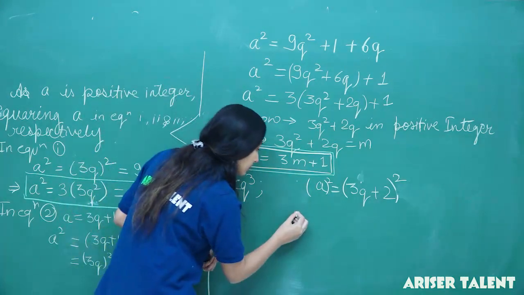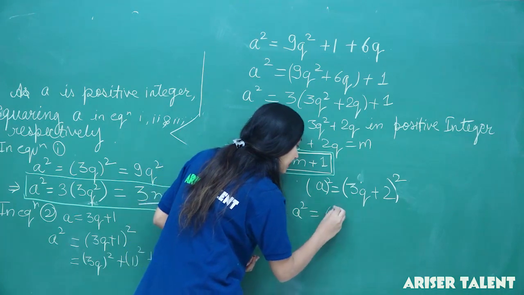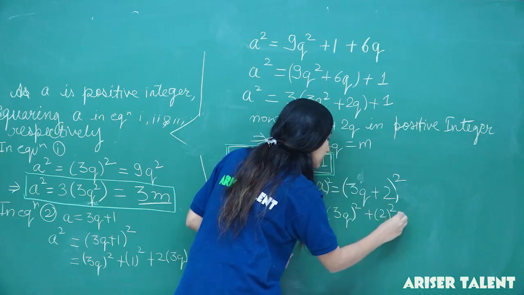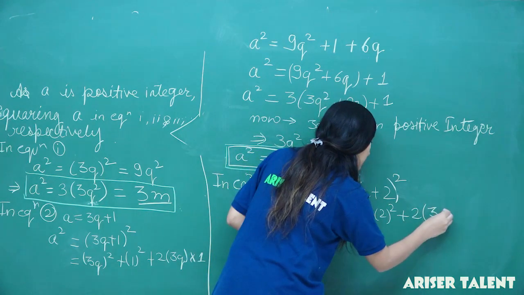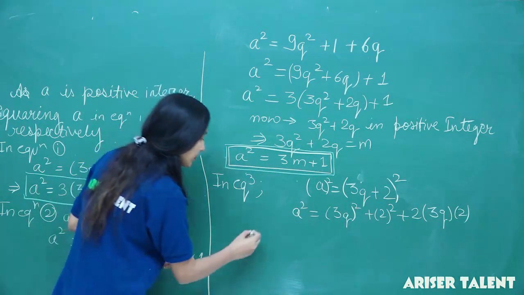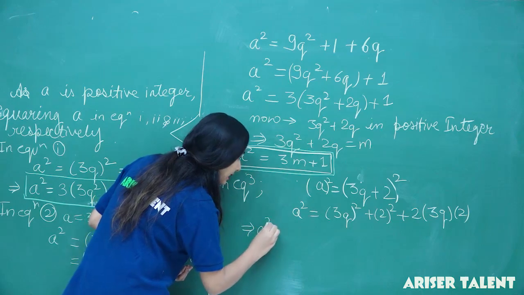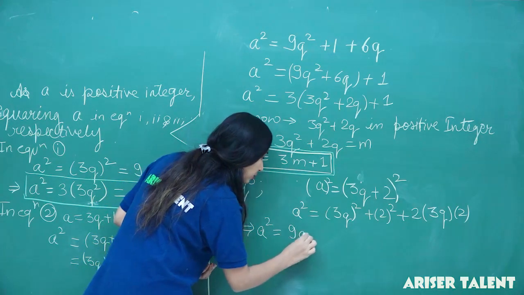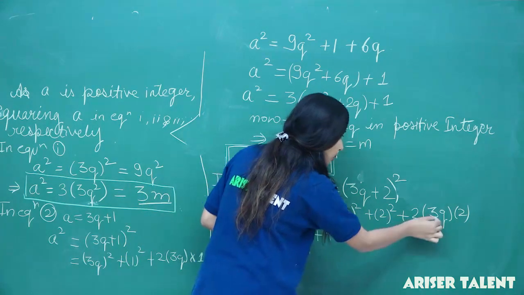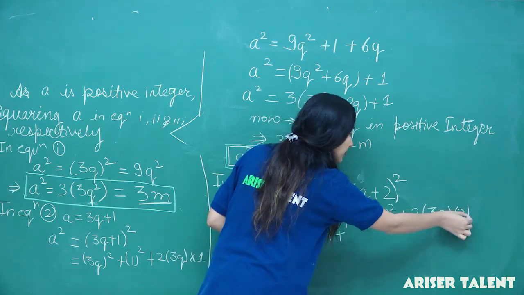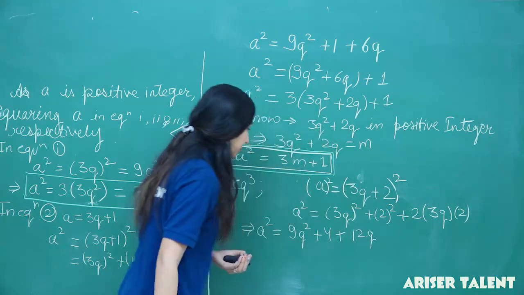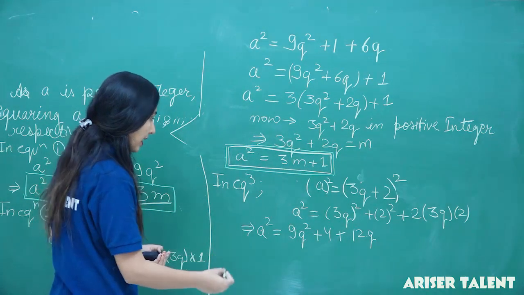We will open the square using a square plus b square plus 2ab, where this 2 is our a and this is our b. So a square will become 9q square plus 4 plus 12q.